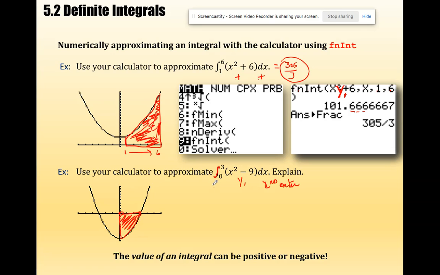Integrals can be positive, negative, or 0. This integral is negative. Why is it negative? Because your function heights were negative, but 0 to 3 was moving right through the domain, so your widths were positive. Multiplying positives times negatives gives you a negative.